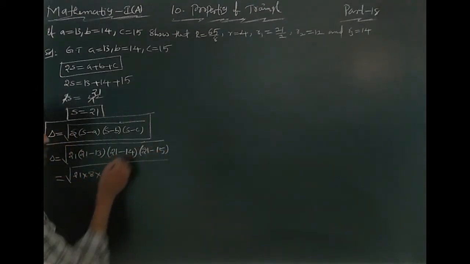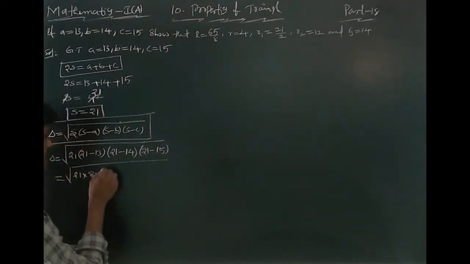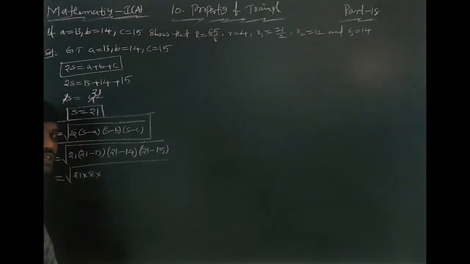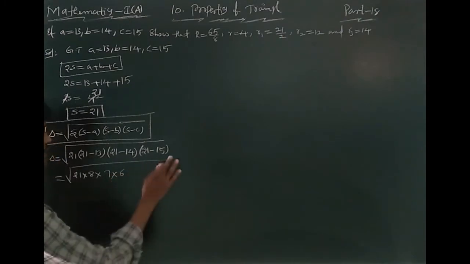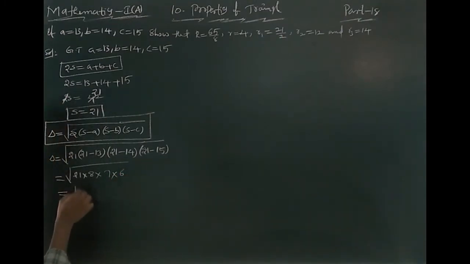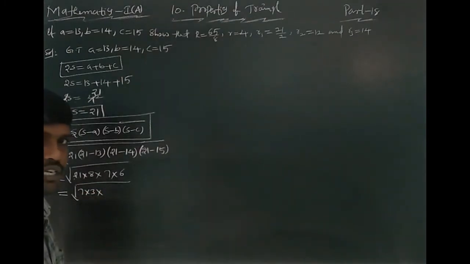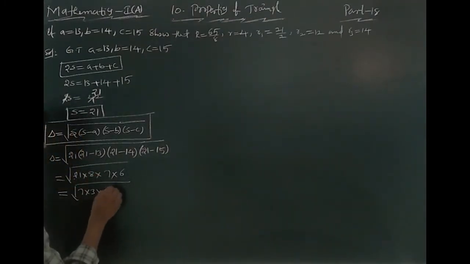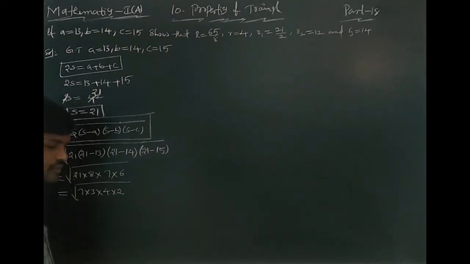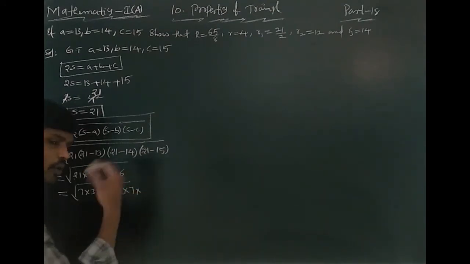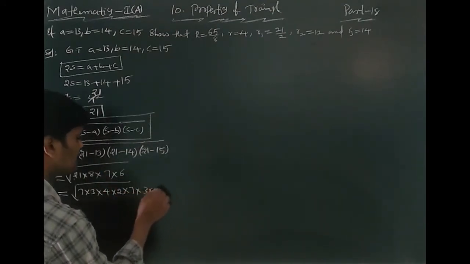After that, square root of 21 into 21 minus 13, how much? 8. 21 minus 14, how much? 7. 21 minus 15, how much? 6. This 21 you can write as 7 into 3, this 8 as 4 into 2, this 7 as 7, and this 6 as 3 into 2.